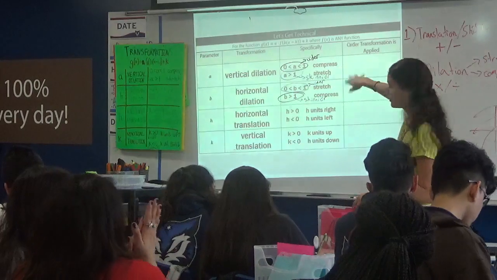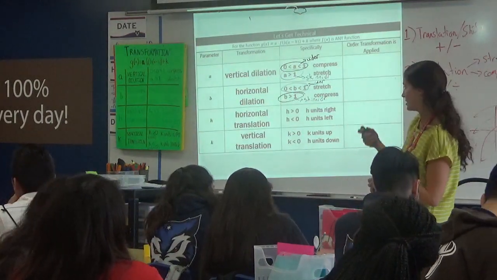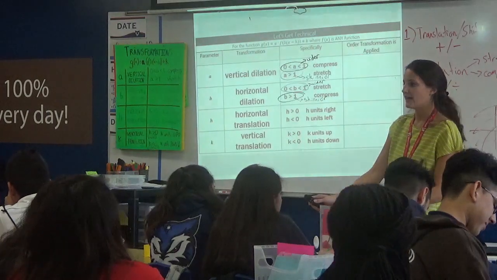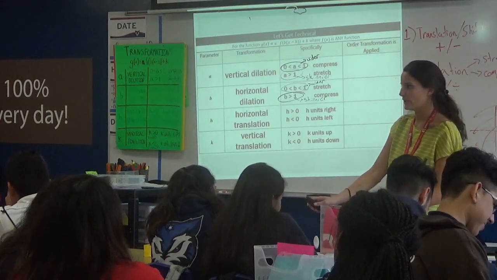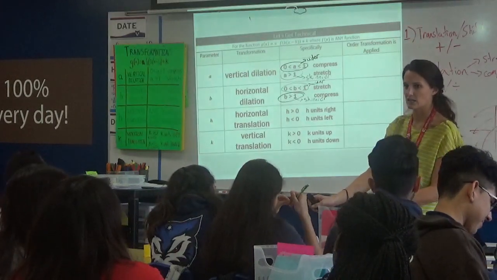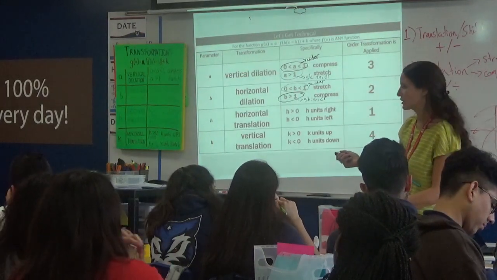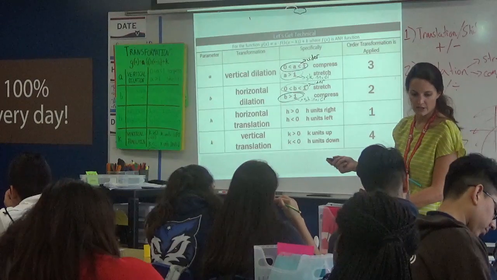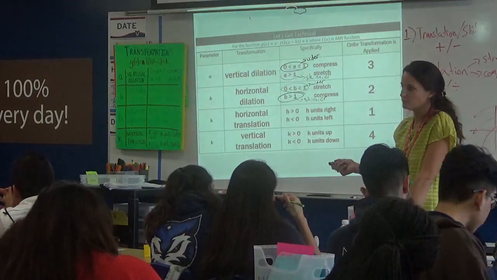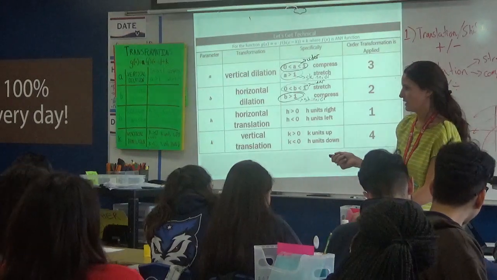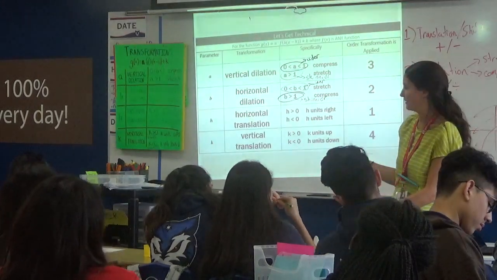If you have multiple things going on, like a, b, h, and k, maybe you have all 4, maybe you have 2 or 3, then you got to kind of figure out which order to go in, and we'll talk about this more as we see more examples. But just for right now, you can just record the order that we're going to go in, and we'll come back to talking about how to do that as we're shifting around and all over the place.